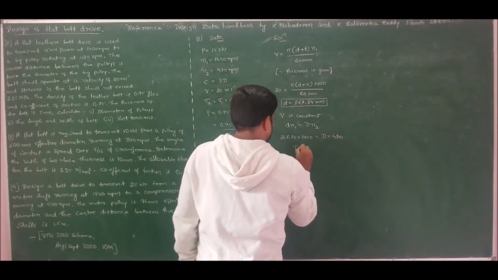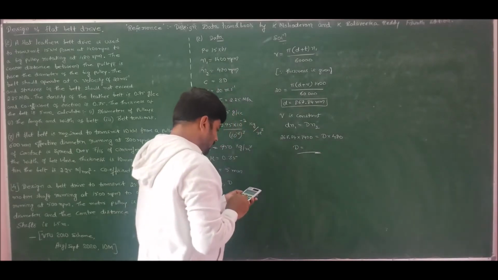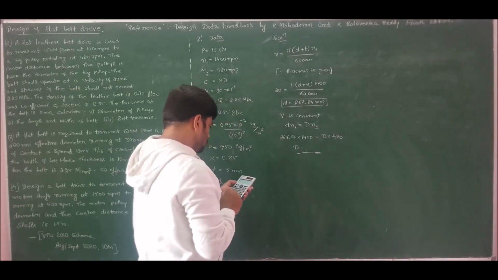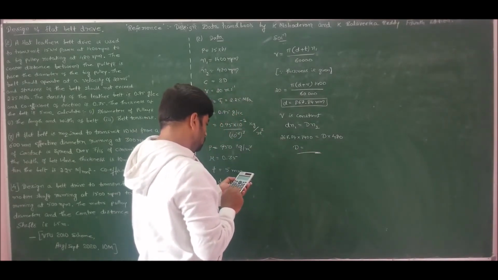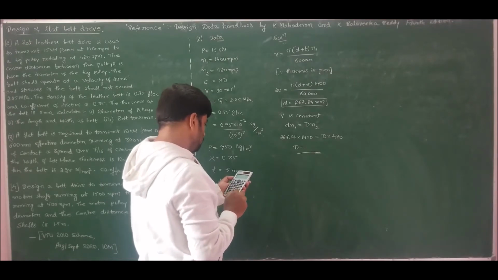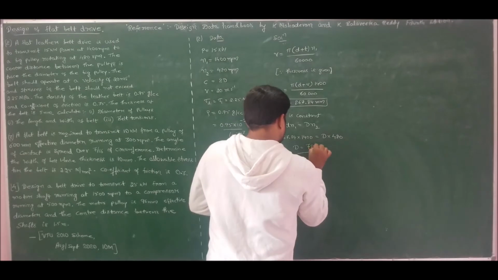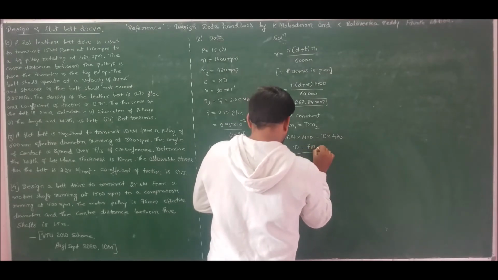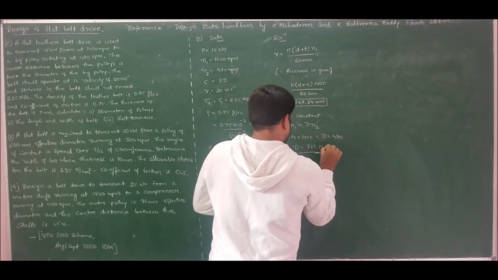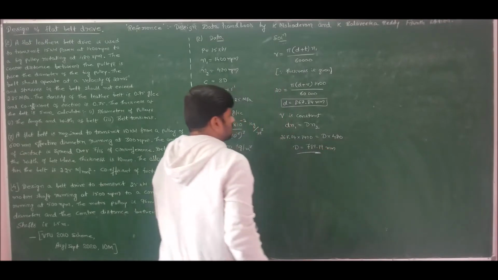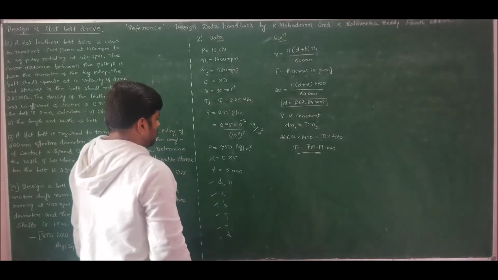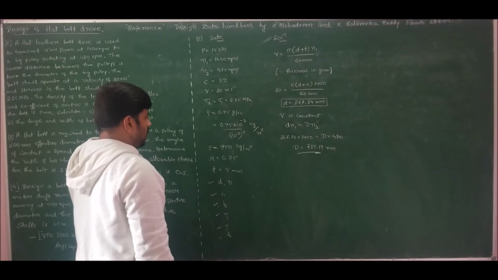So the diameter of the bigger pulley turns out to be 781.19 millimeters. So we have calculated the diameter of the prime mover and also the diameter of the larger pulley.